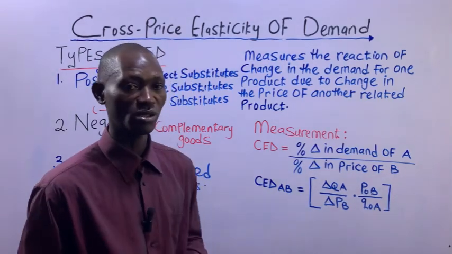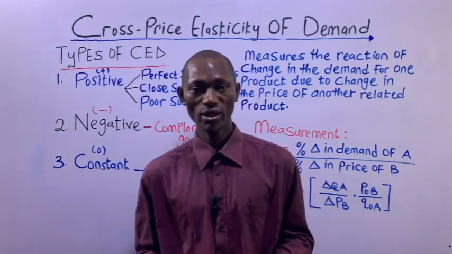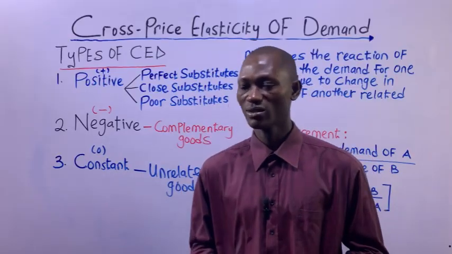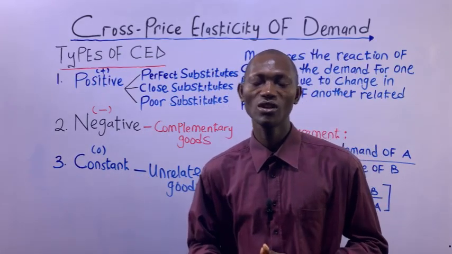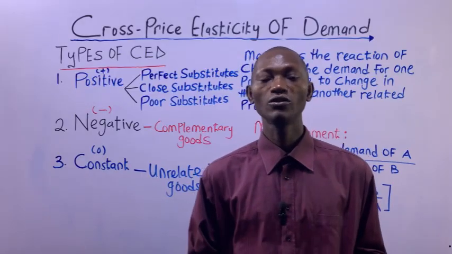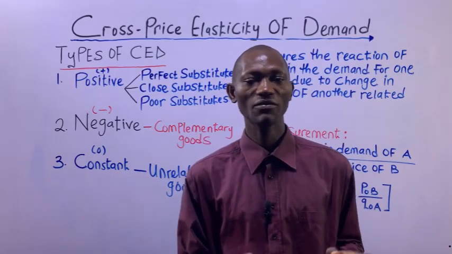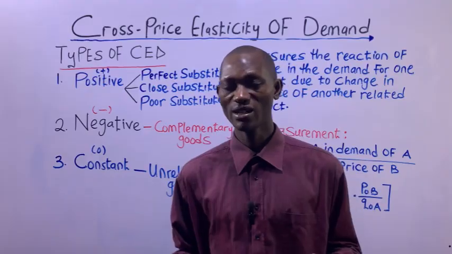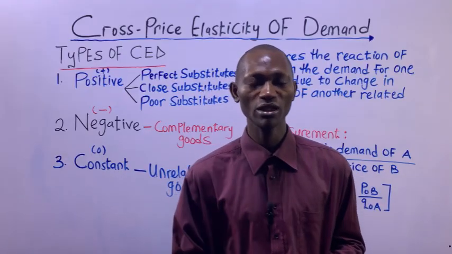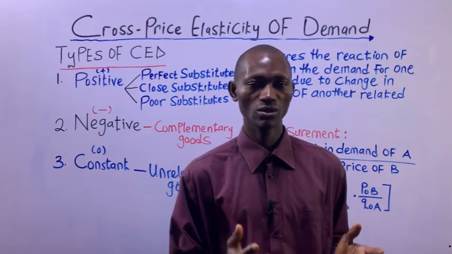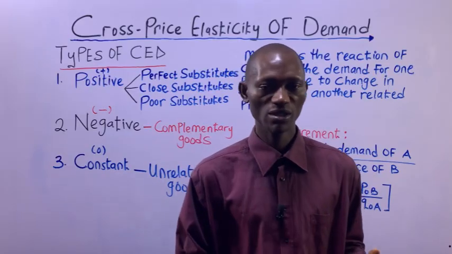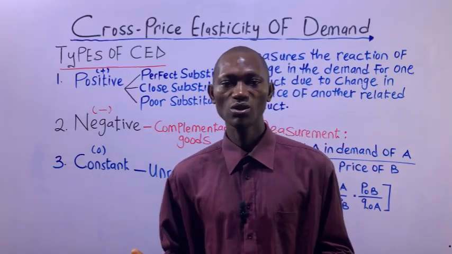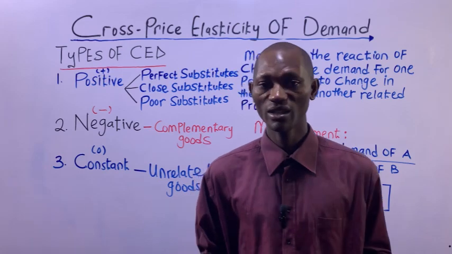So we're going to be putting to practice practical questions. But before that, we have this to talk about, because most times students are required, after they've gotten the cross price elasticity coefficient, to interpret it, whether the two goods in question are substitute goods, complement goods, or unrelated goods.